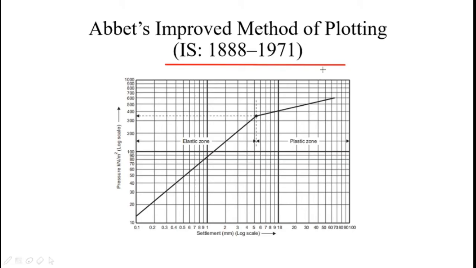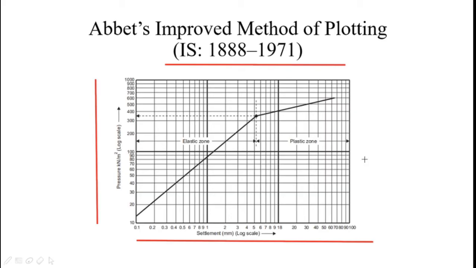In this method, instead of plotting your load versus settlement curve onto the normal graph, we take a log-log paper. It's not a semi-log paper, because semi-log paper has a logarithmic scale in only one direction, but over here you can see the logarithmic scale is in both directions. So instead of plotting the load versus settlement curve onto a normal graph paper, we plot it onto the log graph paper.